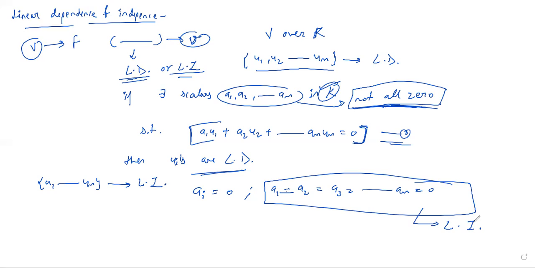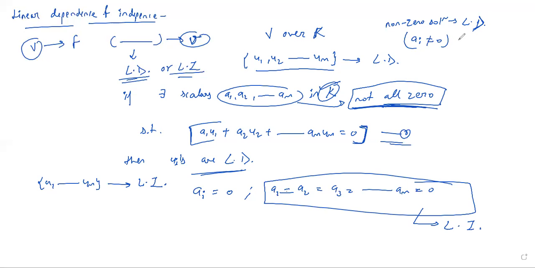So this is a very simple measure to check whether a set of vectors is linearly dependent or independent. When we get a non-zero solution, the vectors are linearly dependent, because that means the ai's are not equal to 0.